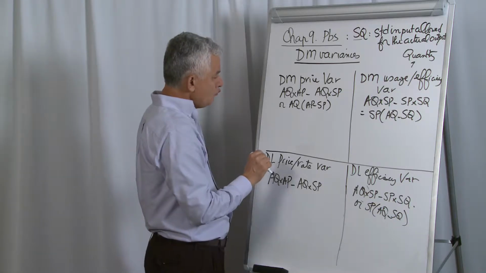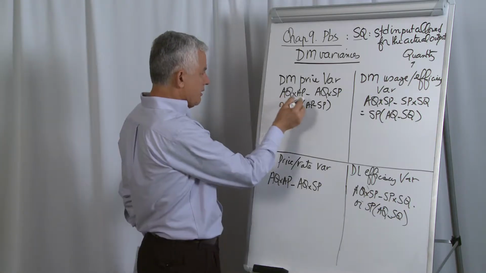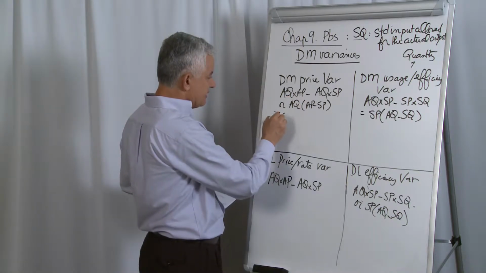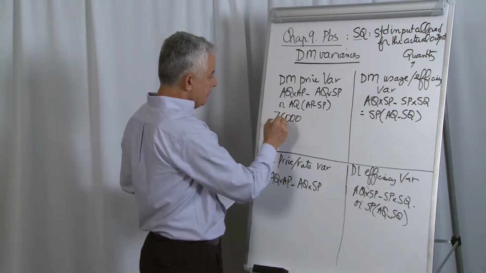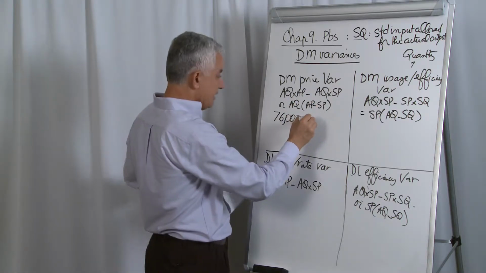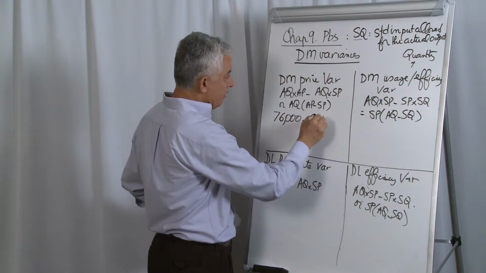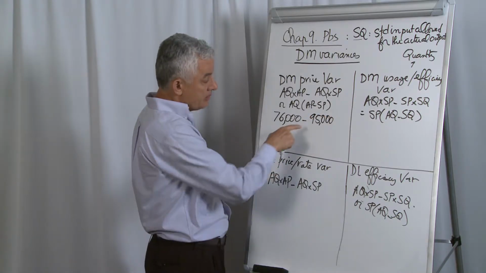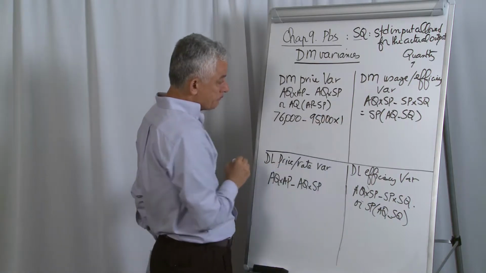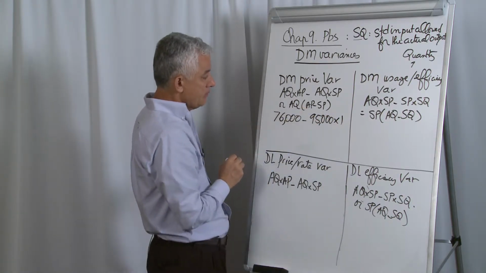Now, let's do it. The actual quantity times the actual price is given, 76,000, minus the actual quantity of direct material purchased, 95,000, times 1, which is the standard price.